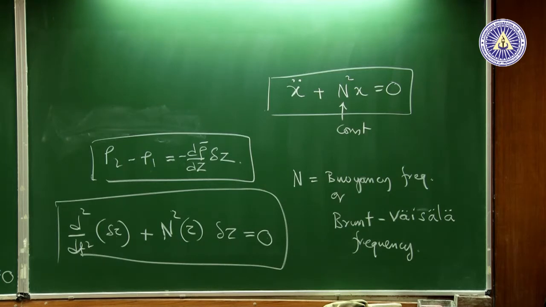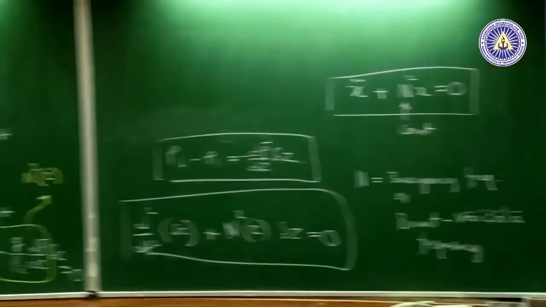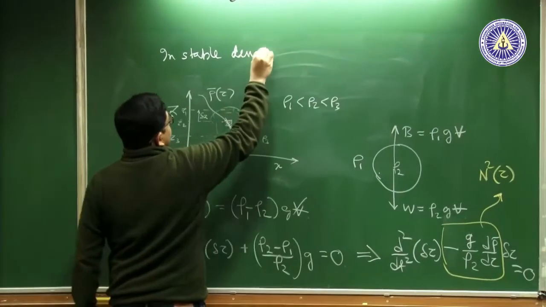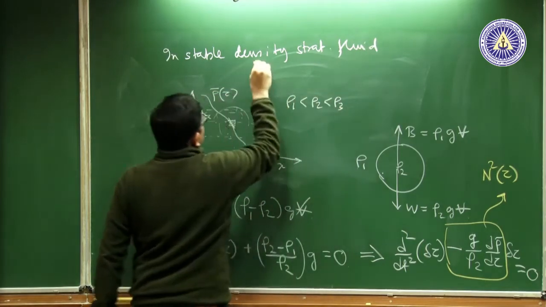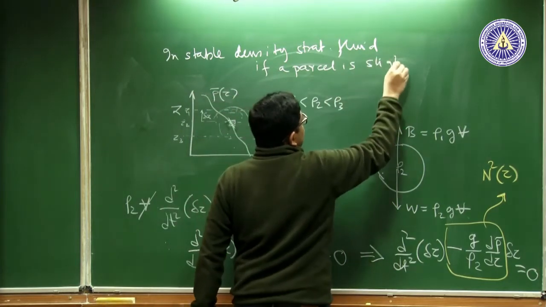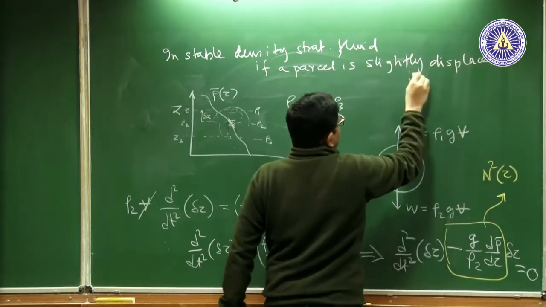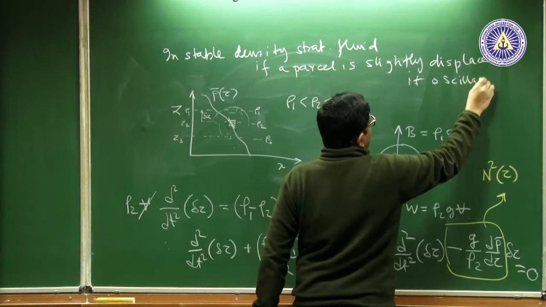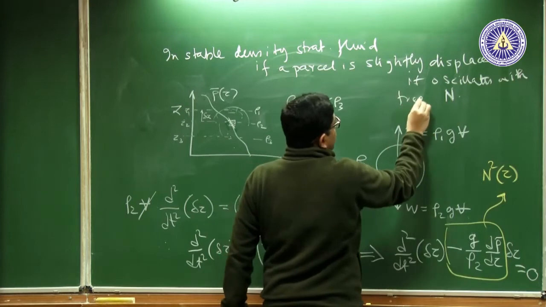So now you understand that in a stable density stratified fluid, if a parcel is slightly displaced, it oscillates with frequency N. Okay.